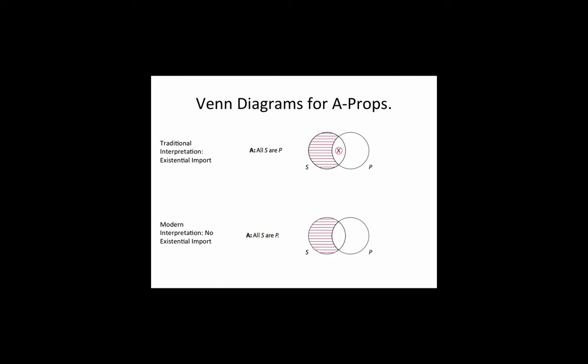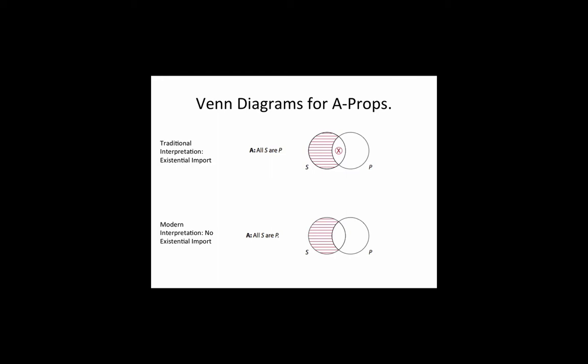Now, the shading that you see, or in this specific case, the red lines, is going to represent emptiness. It's another way of saying that whatever S's there may be, they're all dumped into that area of overlap between the S and the P class. So on the traditional interpretation, when we say all S are P, we're saying that there's not even one S that is in the area of S outside of P.